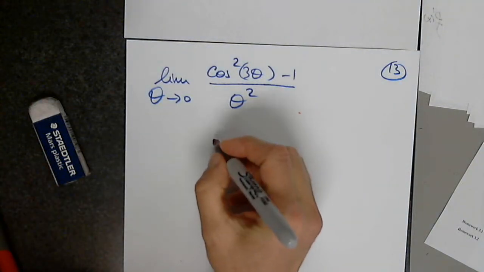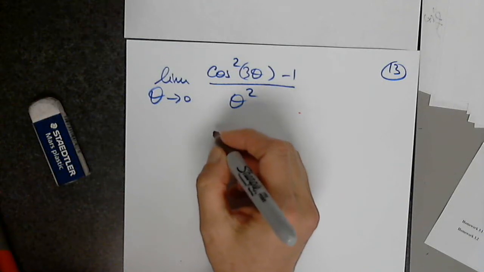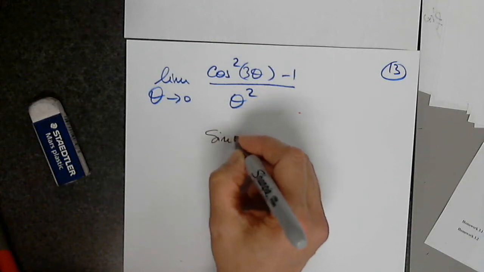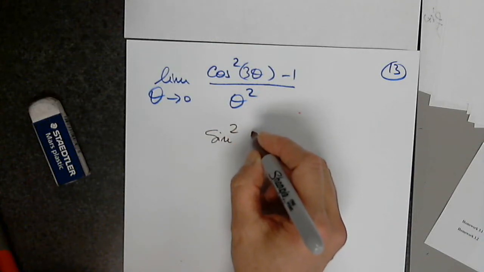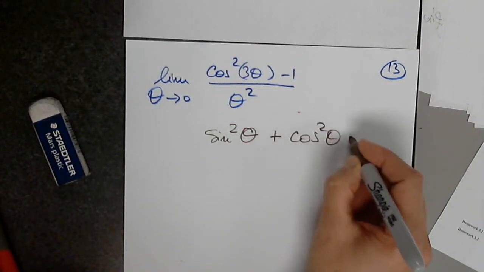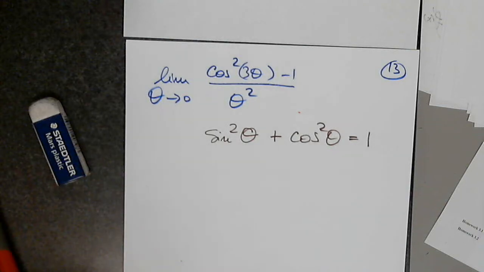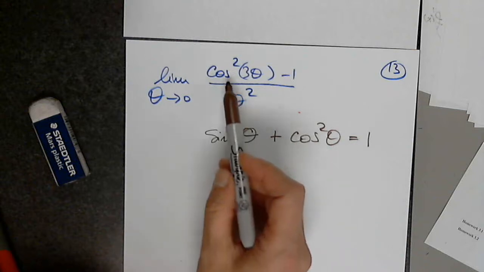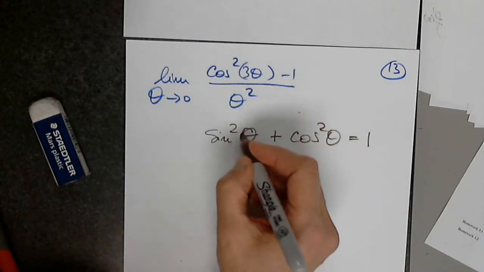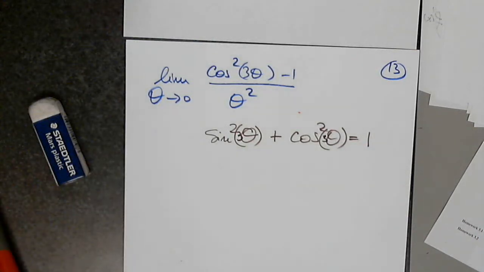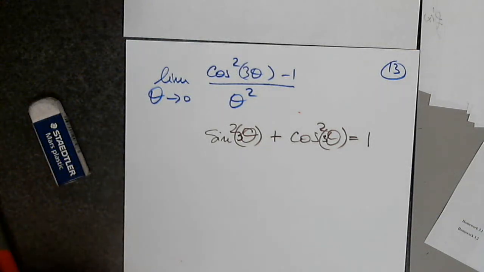Well, I hope we remember the most important trig identity, that sine squared theta plus cosine squared theta equals 1. Excellent. So now I'm going to try to get cosine squared 3 theta. Of course, if I have here 3 theta, it is the same thing. Sine squared of an angle plus cosine squared of the same angle equals 1.